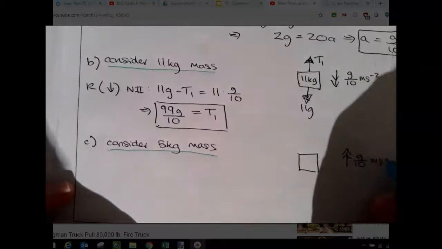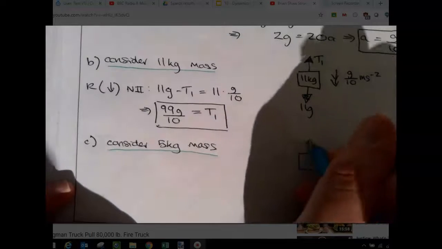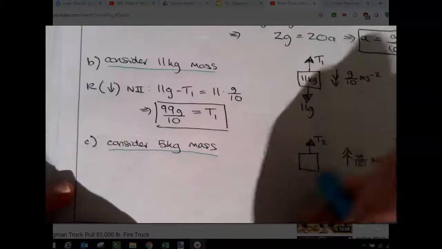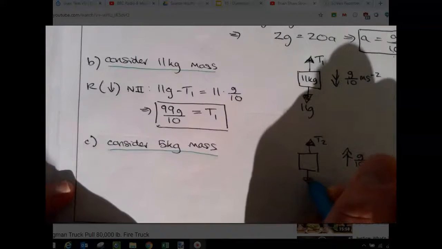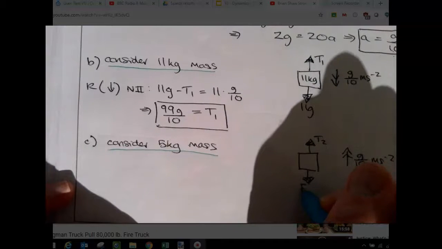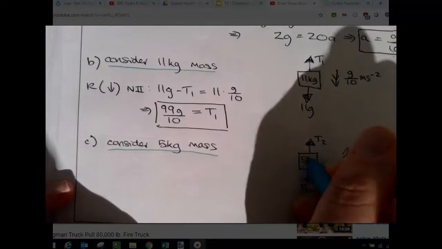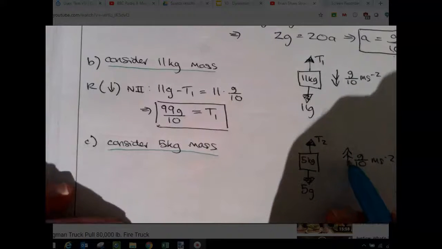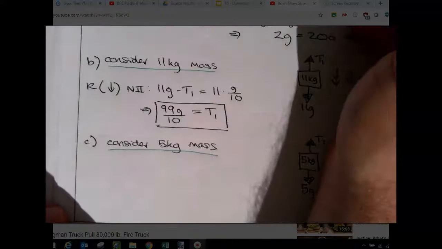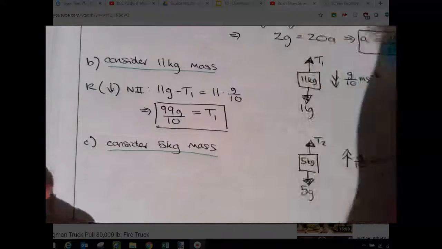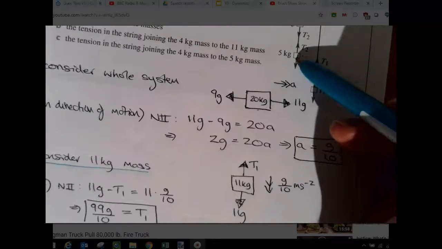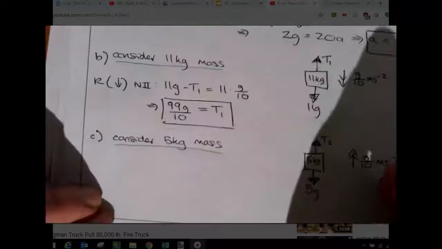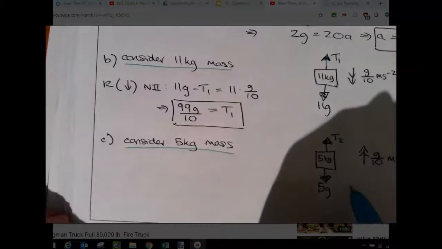So, what am I doing here? Well, this time it's a similar diagram to the last one, but I've got to remember to reverse the acceleration, because this block is going to move up. The direction of motion is definitely upwards.